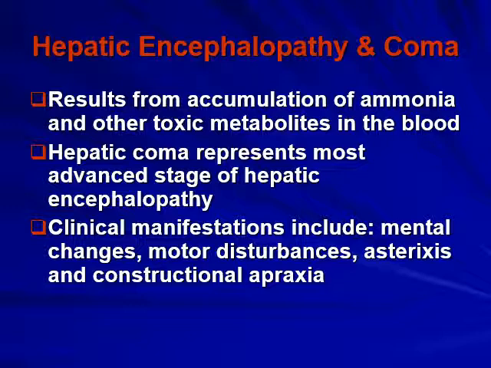So they call it a liver flap, because their hand just kind of flaps down once they hold it up. I have only seen this once before in my career, but it was definitely very evident. A patient had an extremely high ammonia level, and development of hepatic encephalopathy was the diagnosis.